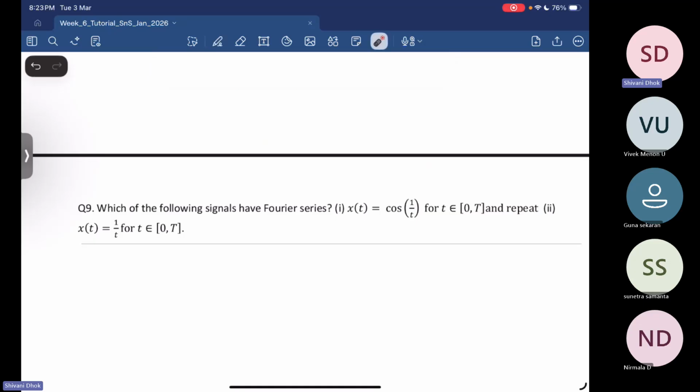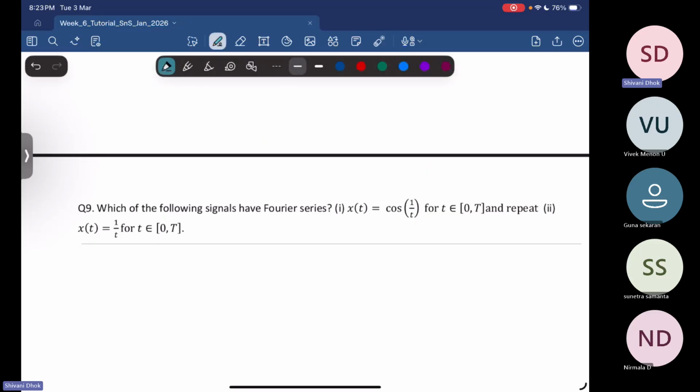Okay. So the question given to us here is, which of the following signals have Fourier series? Or, let me just change it, may not have Fourier series.